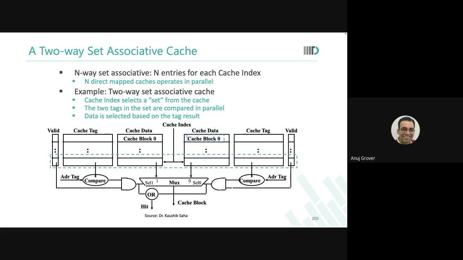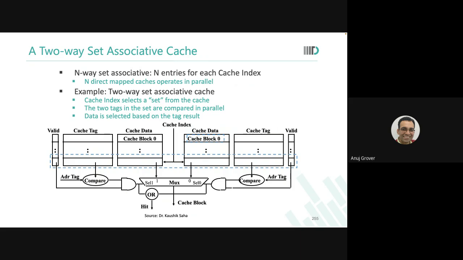What your operating system will ensure is that if there is data with an invalid bit but a tag match, I would update the contents and also update the valid bit. That the operating system may do. But putting it in two different sets is not something a cache, an operating system, or the memory controller will allow.